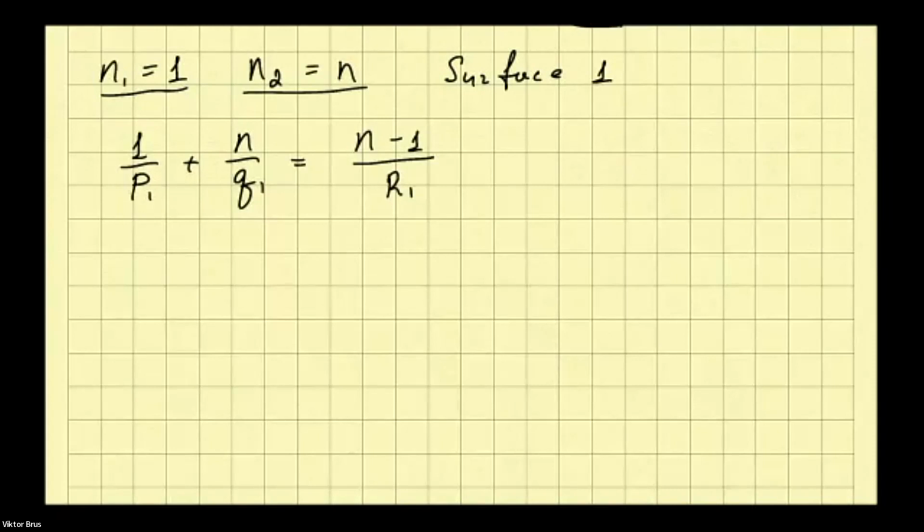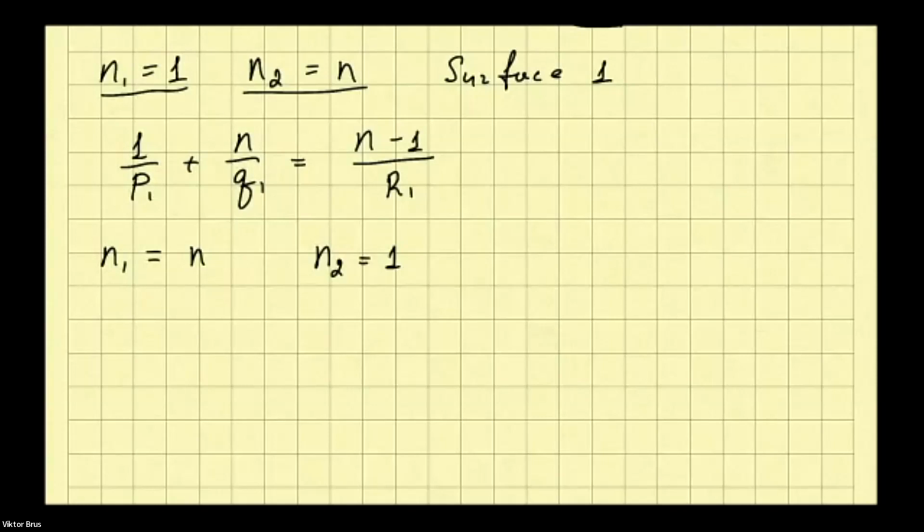So for the second surface, we can write that N1, now it's a medium of the lens because we go from glass to air for second surface. So that N1 will be equal to N, refractive index of glass, and N2 will be equal now to unity because second medium will be air.